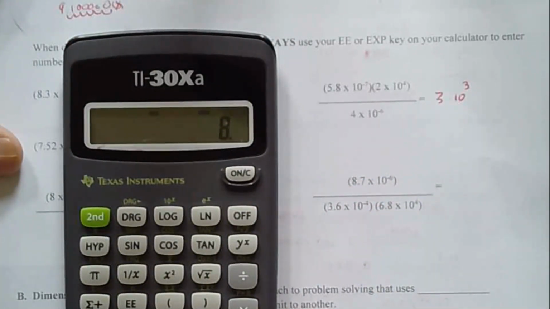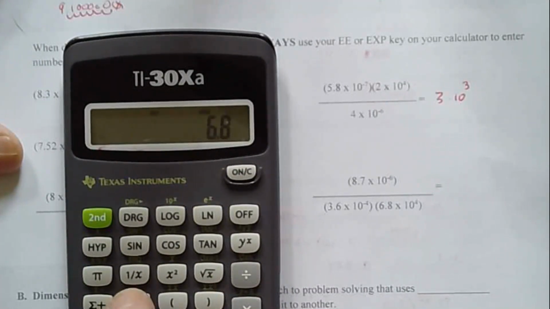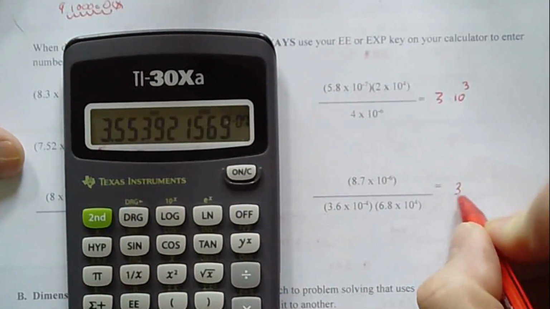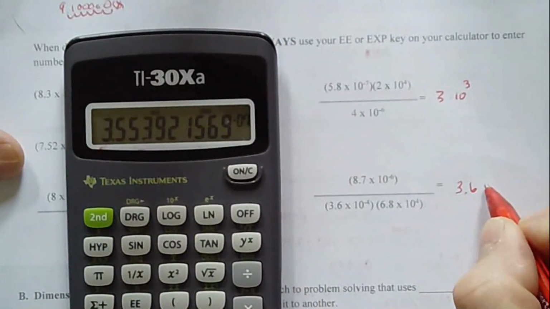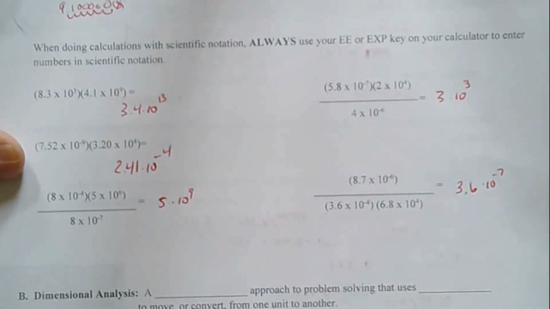So if I do 8.7 times 10 to the 6th divided by 3.6. You should get around 3.6 times 10 to the minus 7th as the correct answer.